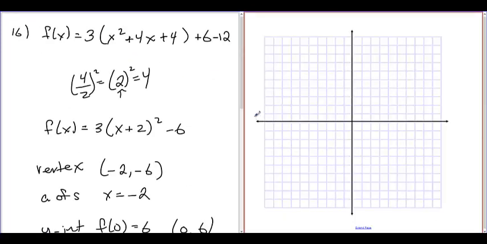So we'll go to our graph. Plot the vertex, negative 2, negative 6. 1, 2, 3, 4, 5, 6. So that's the vertex. Axis of symmetry. Y-intercept.